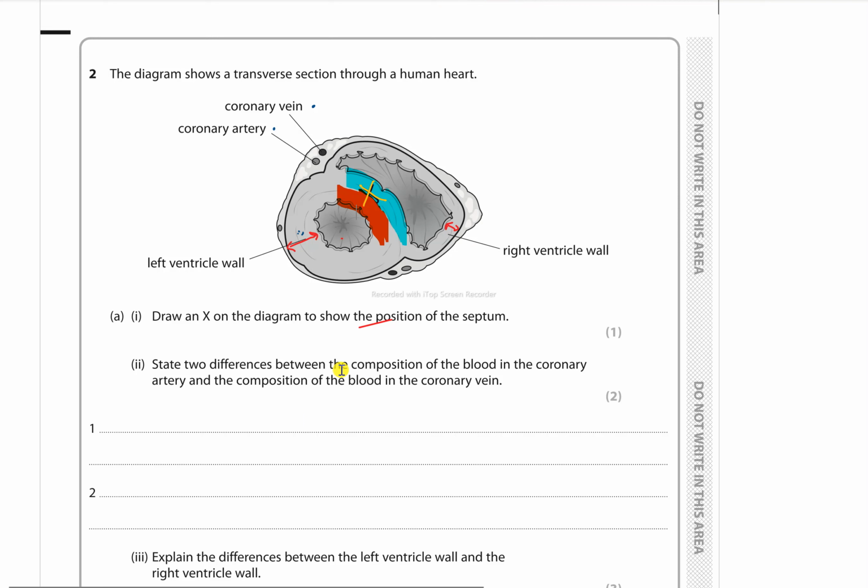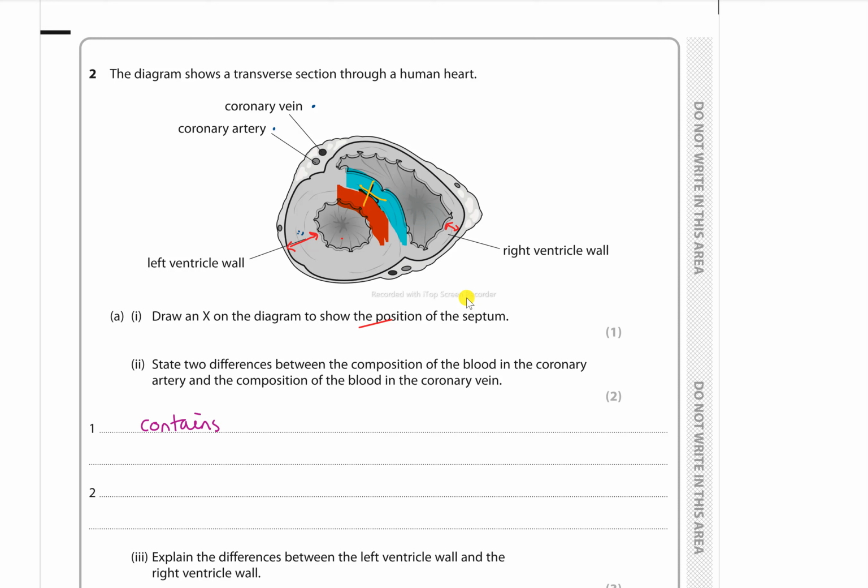Right, state two differences between the composition of the blood in the coronary artery and the composition of the blood in the coronary vein. Right, the coronary artery contains more oxygen because it's going to feed the heart.